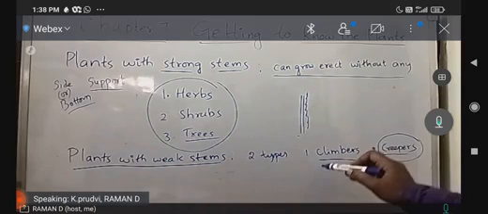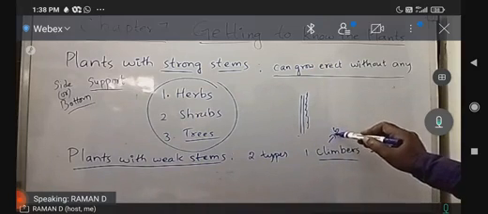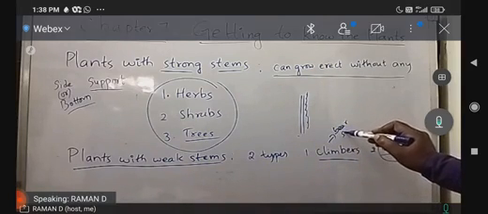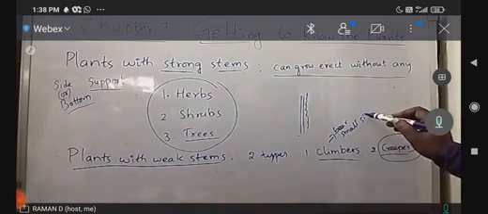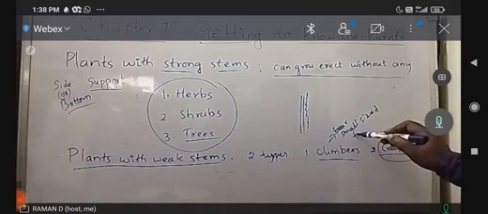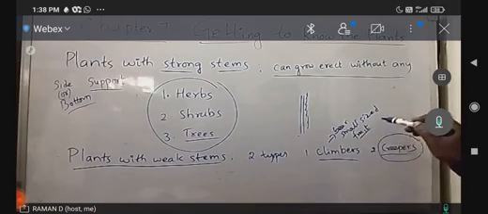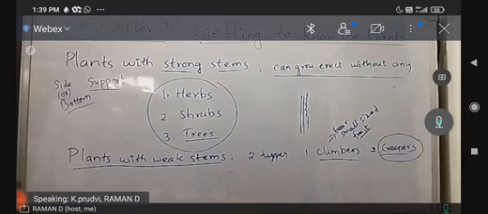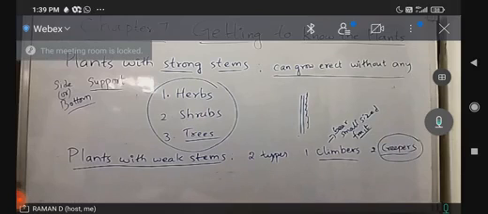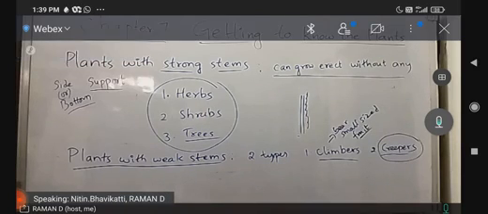Climbers bear small sized fruits. Have you seen bitter gourd? Bitter gourd fruit size is small. So that small sized fruit can be easily borne by the climber in a hanging way.